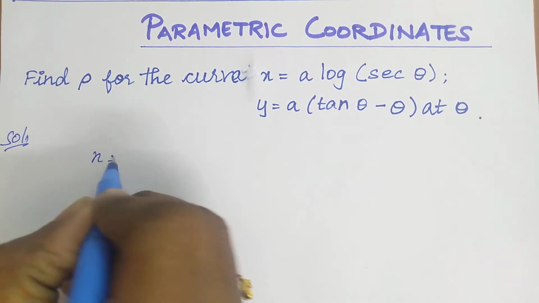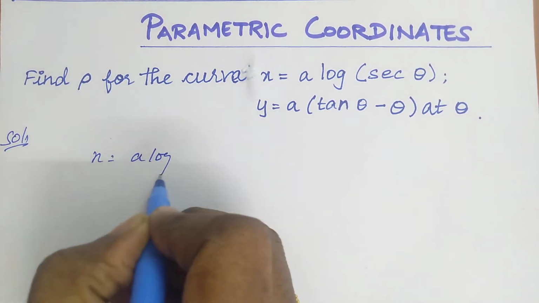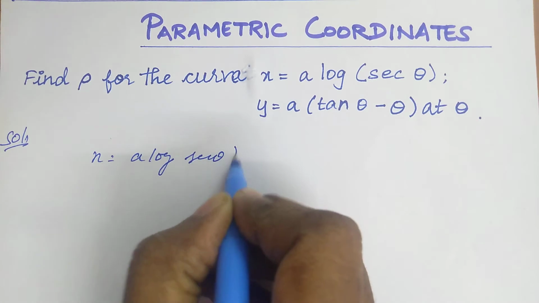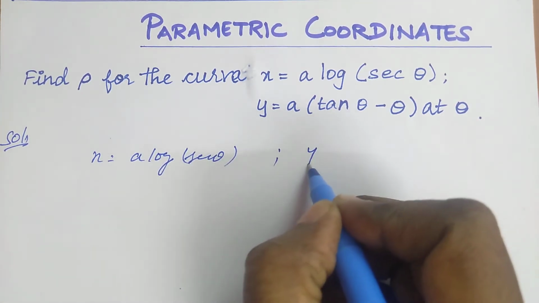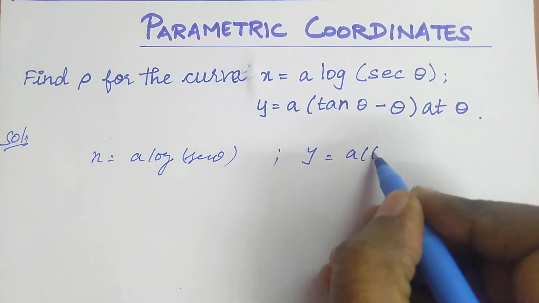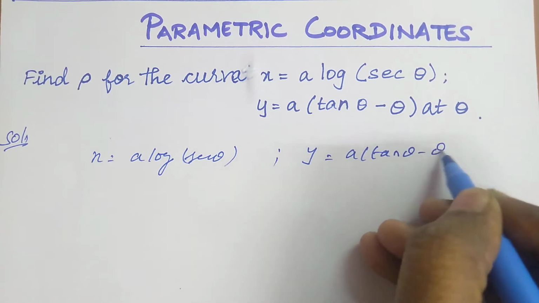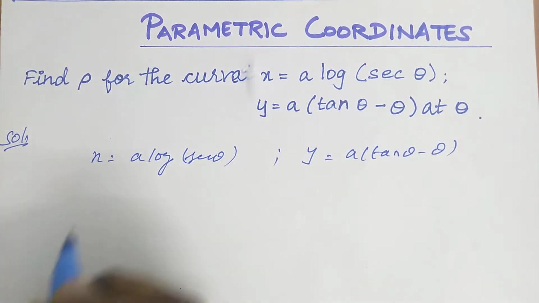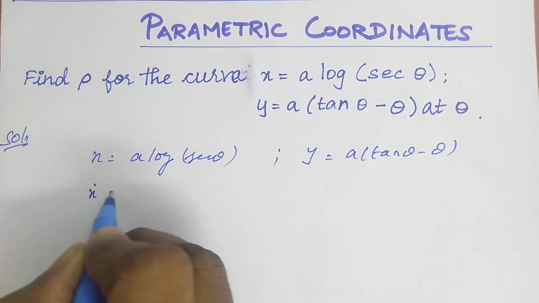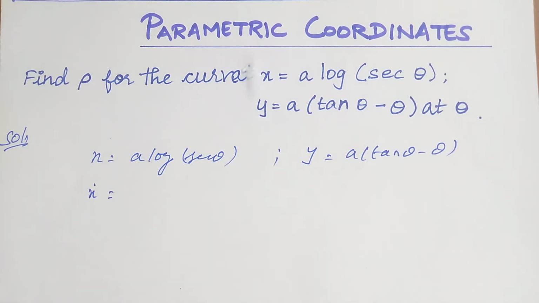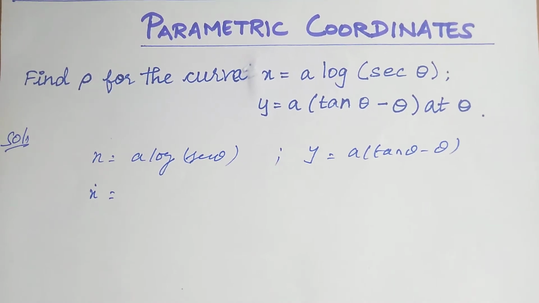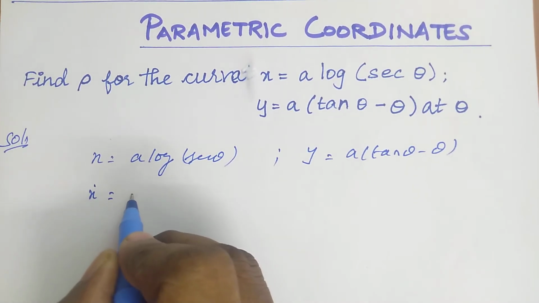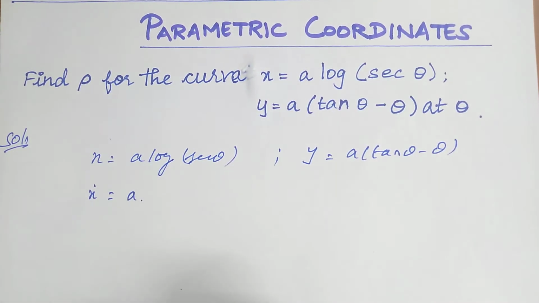x is equal to a into log of secant theta and y is equal to a into tan theta minus theta. So we need to find the derivatives. x dot means dx by d theta. So dx by d theta, that is x dot. x dot is equal to a, a is a constant, so we can keep a as it is.